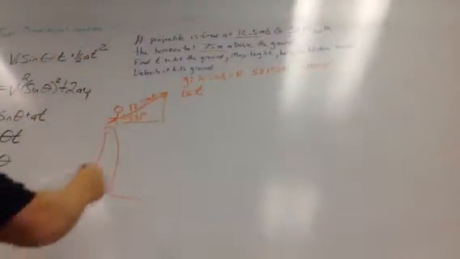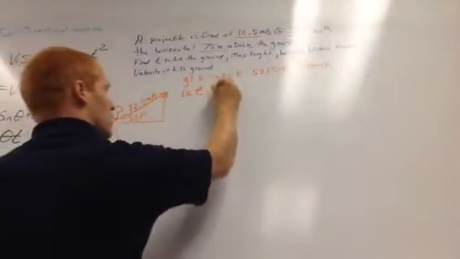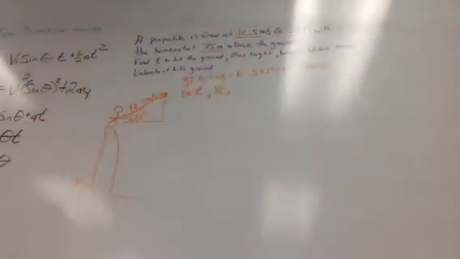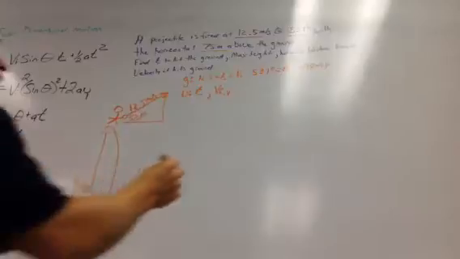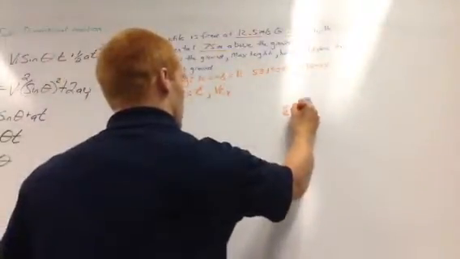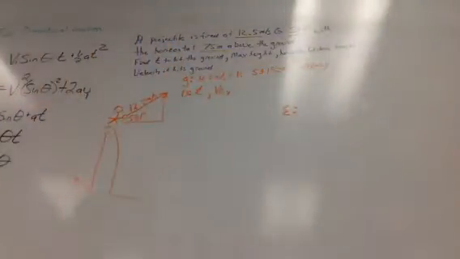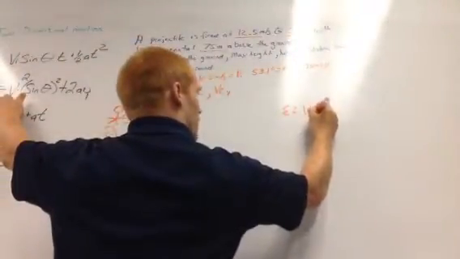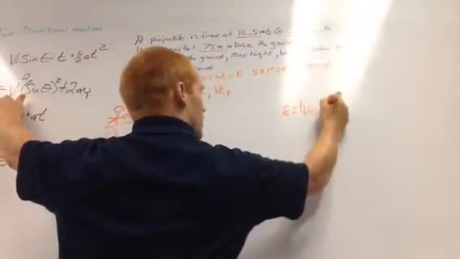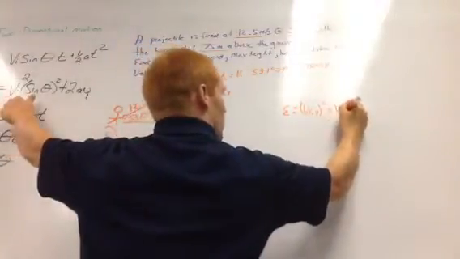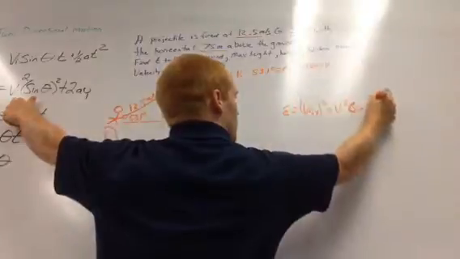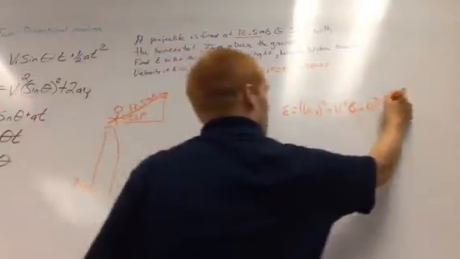And so we could actually just solve for the velocity final in the y direction, and then that'll help us solve for time. So first thing I'm going to do is solve for VFY. The equation I will use is VFY squared equals vi squared sine theta squared plus 2ay.